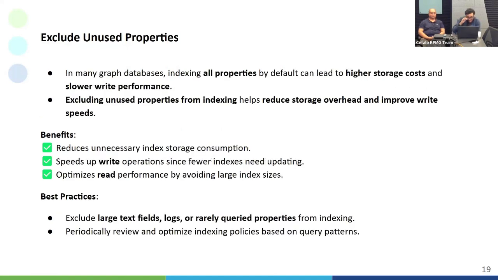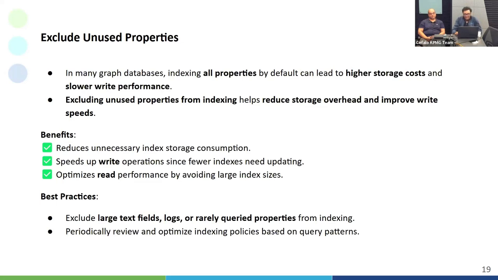Another thing during indexing of the graph is that we need to exclude the unused properties, because as we saw, the graph automatically applies an index for each property based on frequently accessed things.